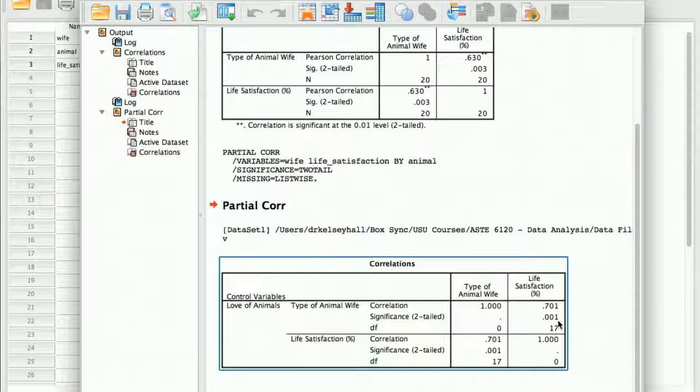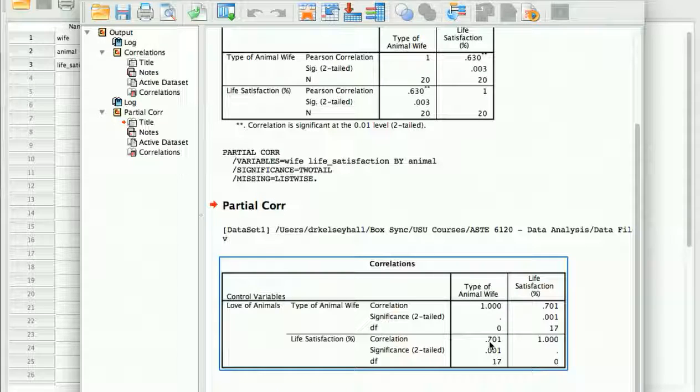And we know with our variance, we can now calculate that by just taking 0.701 and squaring it, and then we'll get 0.491, and we will times that by 100, and we get a variance of 49.1%.